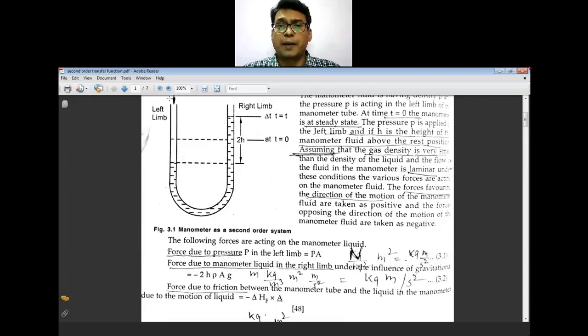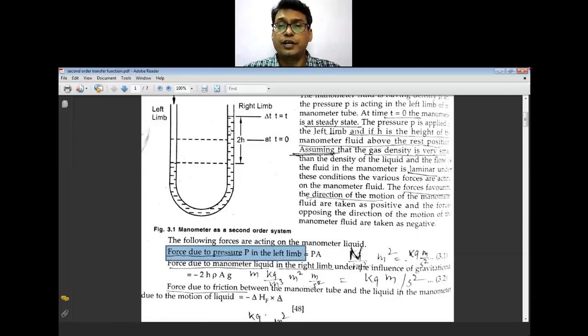One is the applied force, which is pressure into area. So the force due to the applied pressure P in the left limb is P into A. Then the second force is the gravitational force.